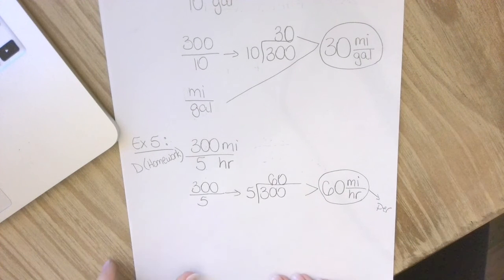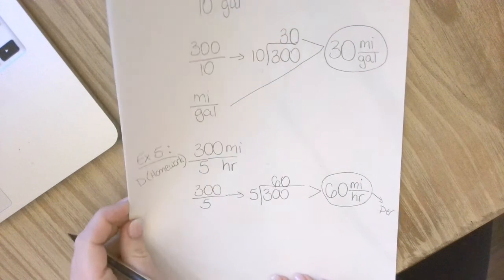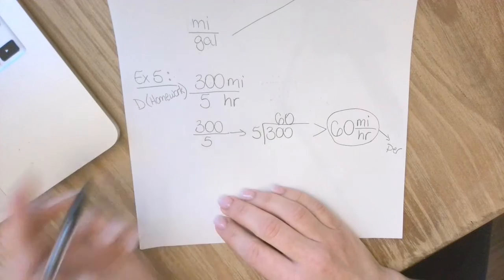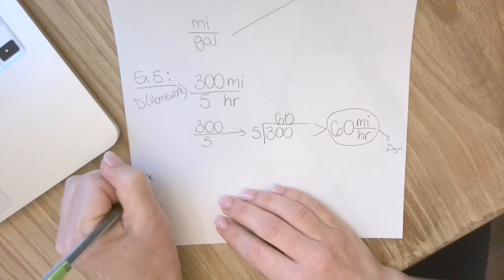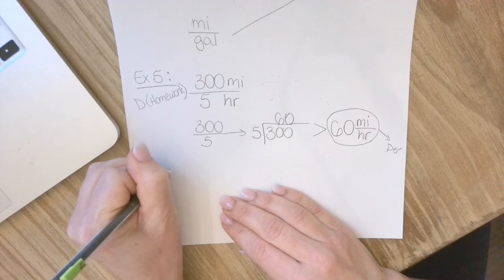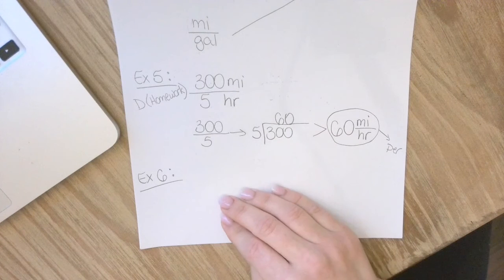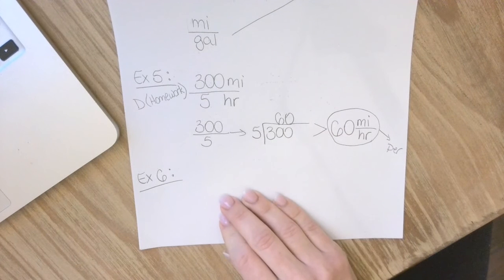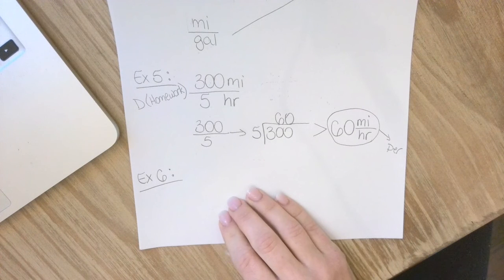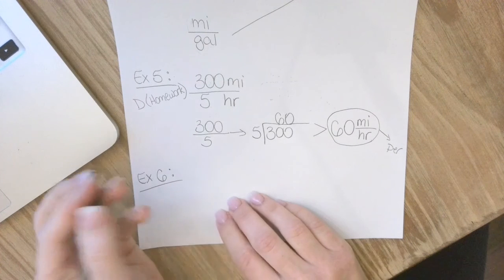Now let's do one more example, and then I'm going to let y'all try your homework. And this is also another homework question, so you get another freebie here. So let's do one more addition problem.